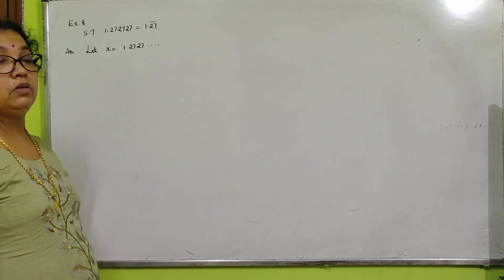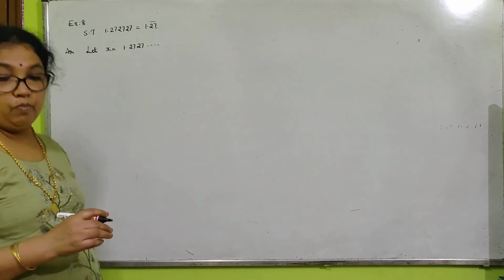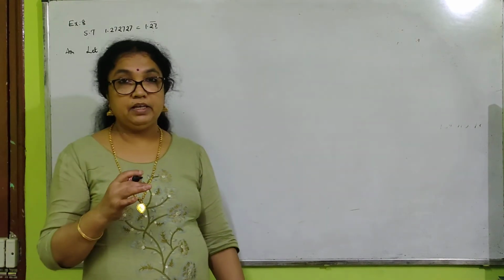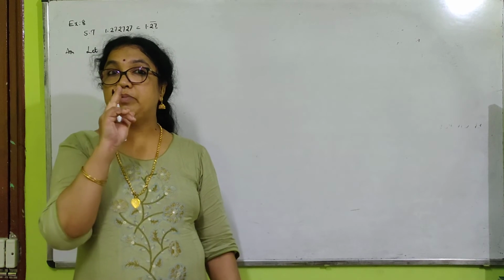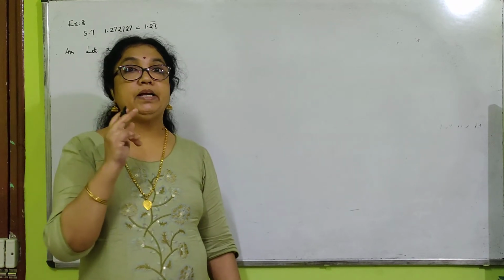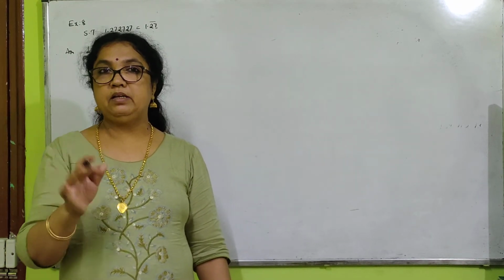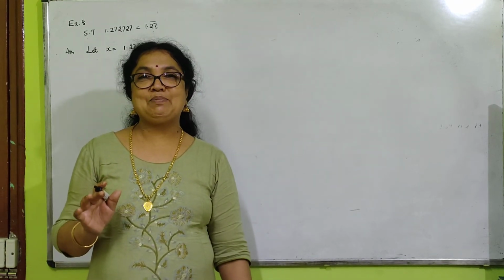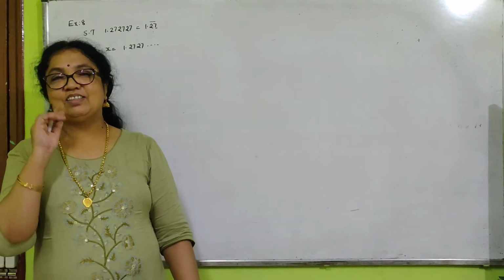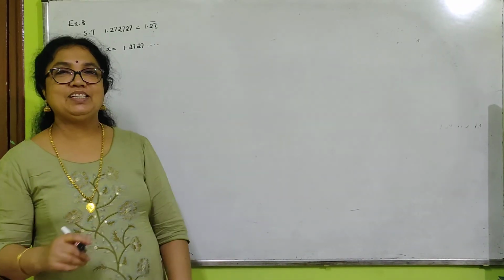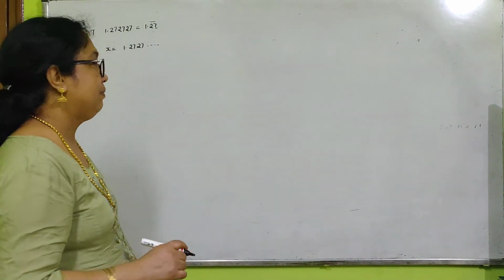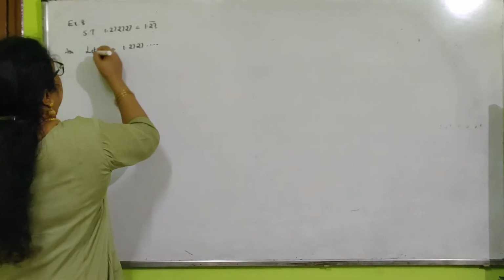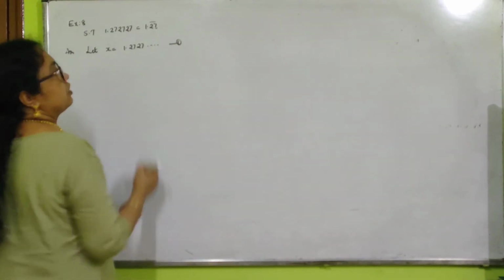Now what do you do? As I explained in the first sum, it depends on how many digits are repeating. If 1 digit is repeating, multiply by 10. If 2 digits are repeating, multiply by 100. If 3 digits are repeating, multiply by 1000, like that. Here 2 digits are repeating, so you have to multiply by 100. So let x be the first equation.